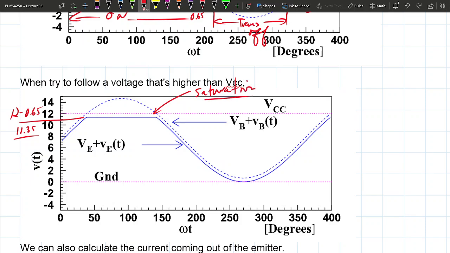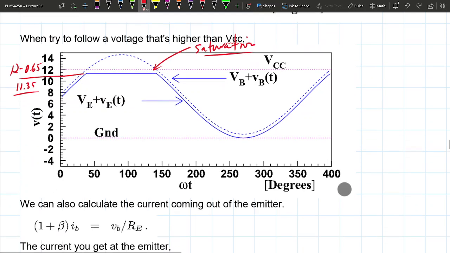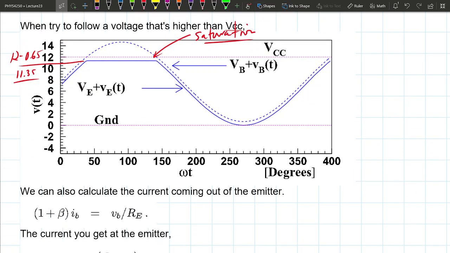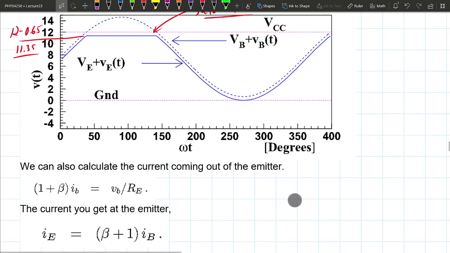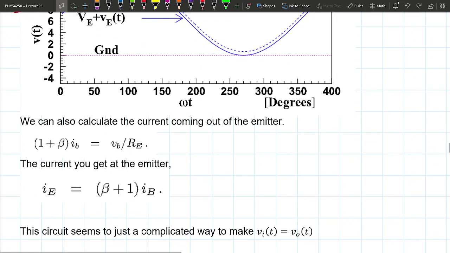You basically saturated your circuit. You cannot go above that. So what we can do is also calculate the current that's coming out of the emitter, because a lot of times we are actually concerned about the current, not about the voltage.